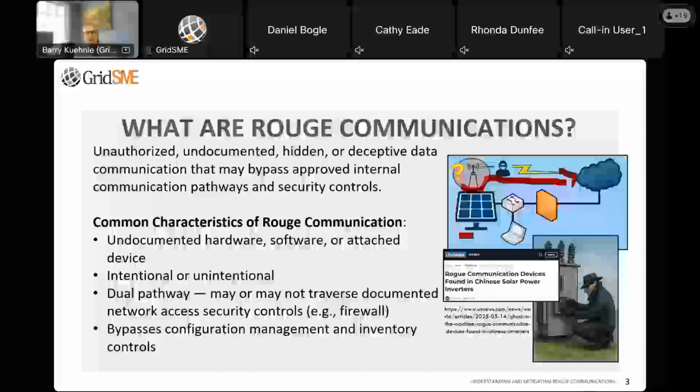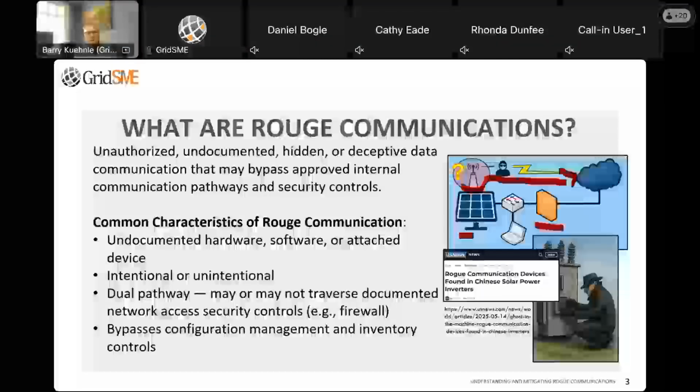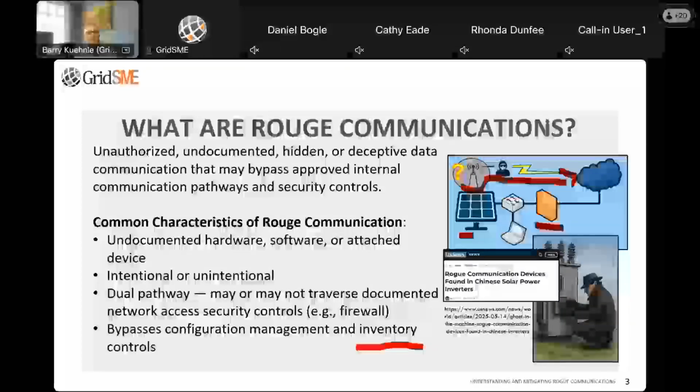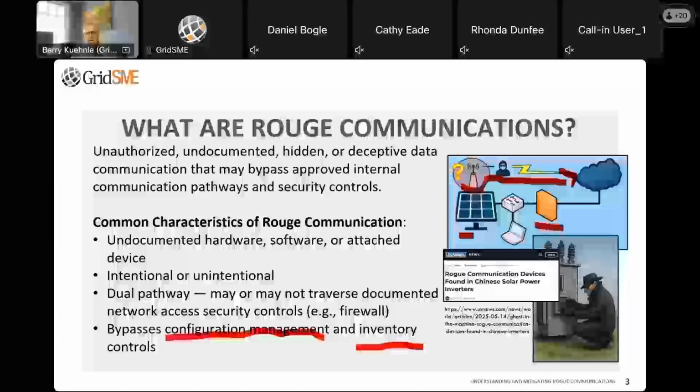The danger there obviously is that you're bypassing any type of security controls, such as firewalls, intrusion detection systems, whatever may be there. The danger is also that you're not performing an inventory, you're not doing configuration management of those systems. You basically have no idea that there's communication going in and out of that device.